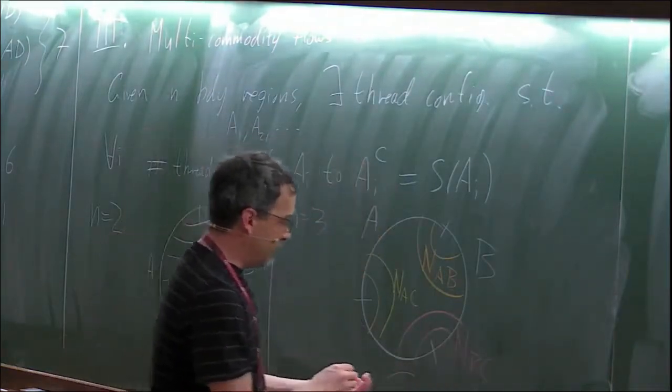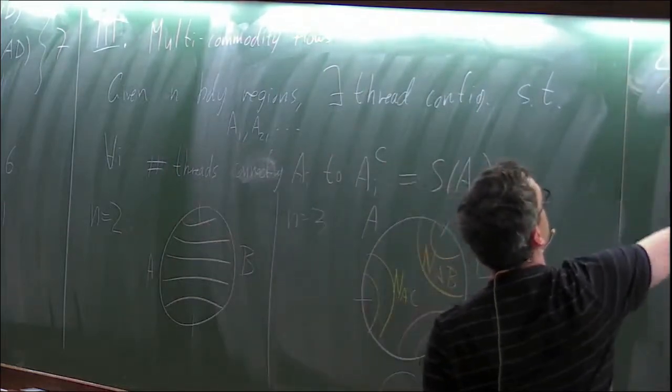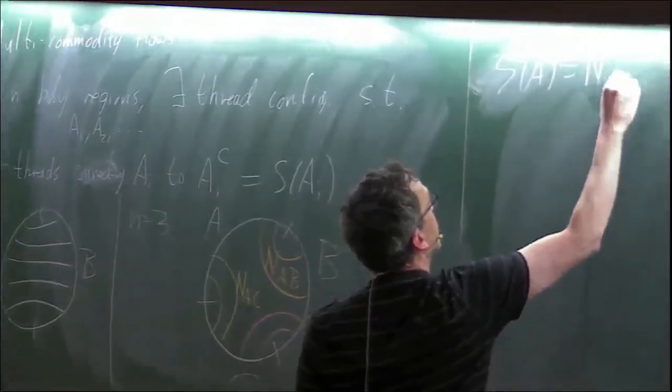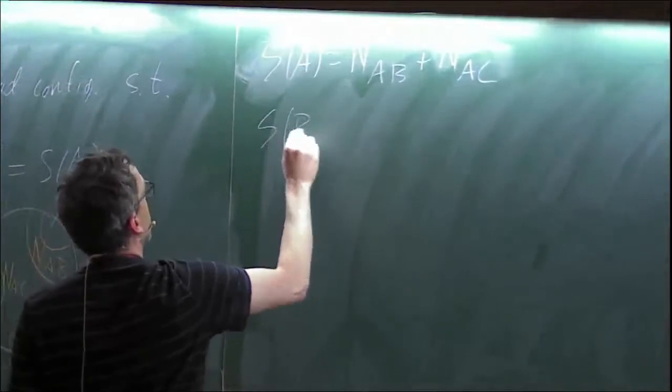Now my claim is that this thread configuration is such that S of A is NAB plus NAC, etc.